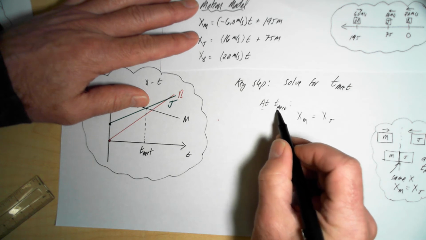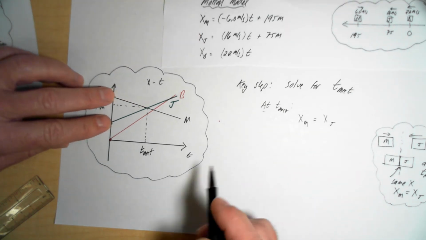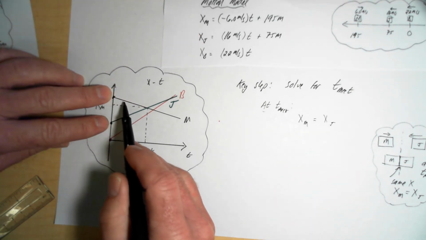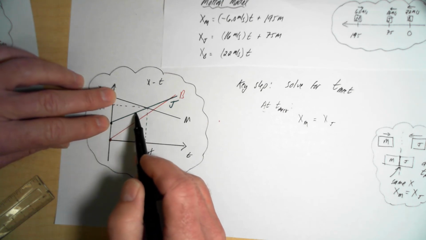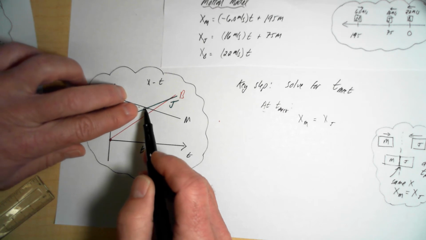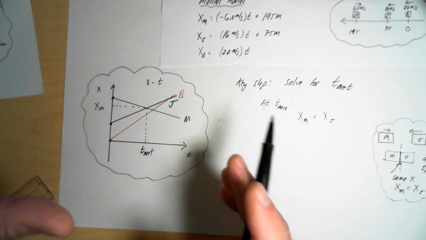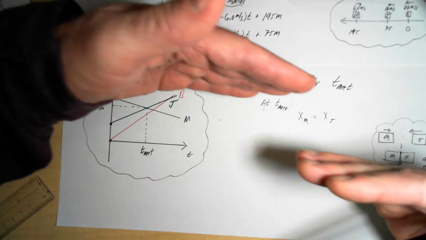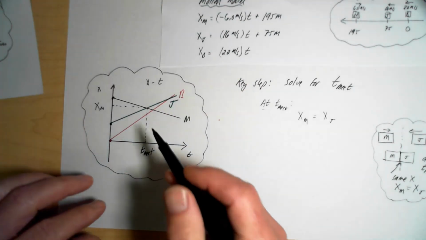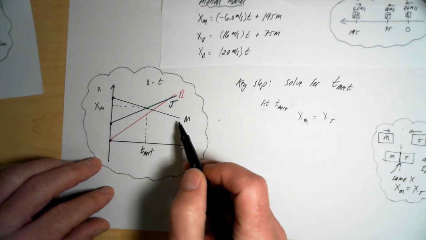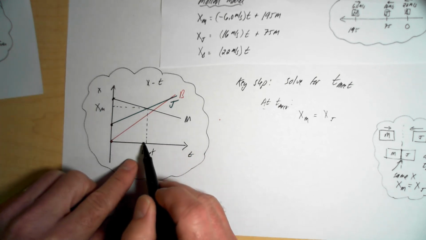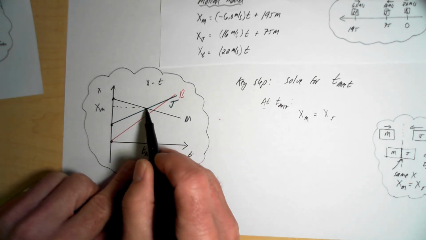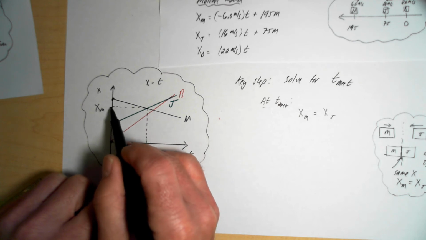Why do I say only T meet? Well, before this time of meeting, they don't have the same position. They're getting closer and closer and closer, but they don't have the same position. And again, in this scenario, if these were like just two cars passing, then they would continue on in their respective directions and they would get further away. But at this one unique time, we can say that they have the same position.